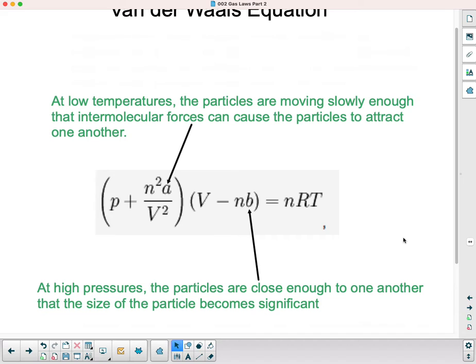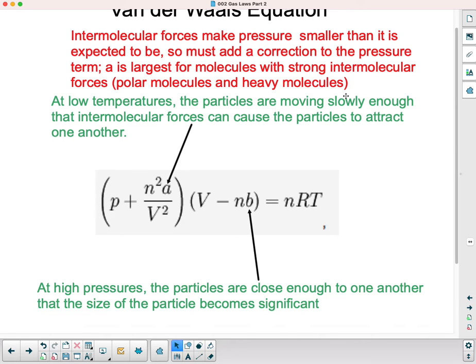And that little a is kind of a measure of how sticky the particles are, or what's their overall tendency to stick together. Essentially, if the particles stick together due to intermolecular forces, they're traveling in pairs. And if they travel in pairs, the pressure is smaller than it's expected to be. So you have to add that little bit back onto the pressure to make this work again.